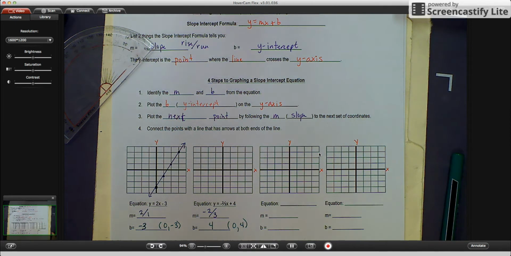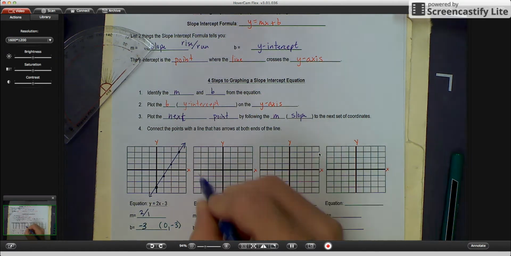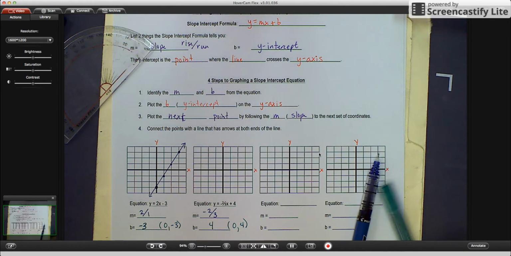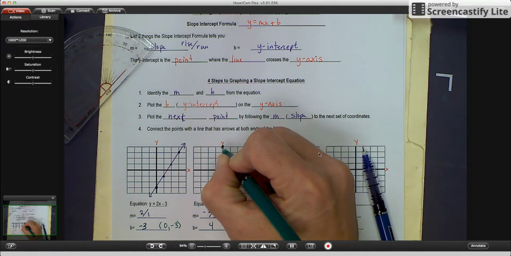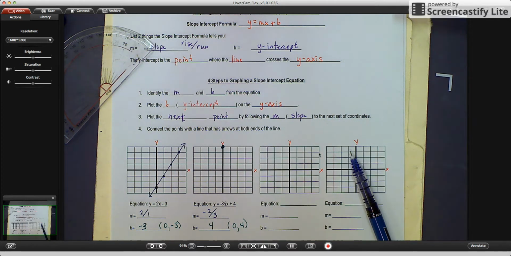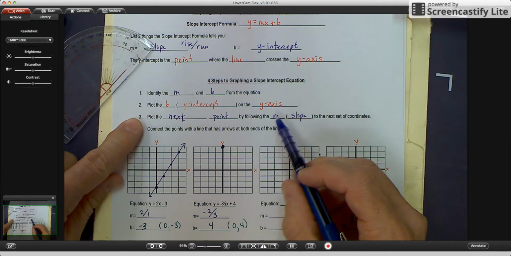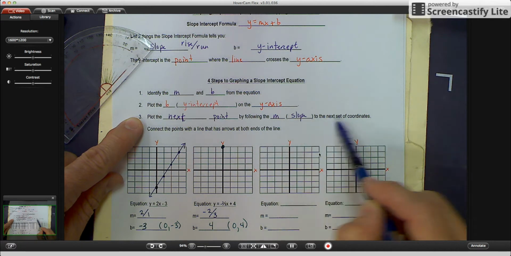Okay? The second step, plot the b on the y-axis. Our b is positive 4. So I'm going to go up, flipping my pens, 1, 2, 3, 4, and I'm going to plot my point, positive 4. There's my y-intercept. Then I'm going to follow my slope, part 3. Find the next point by following the slope.